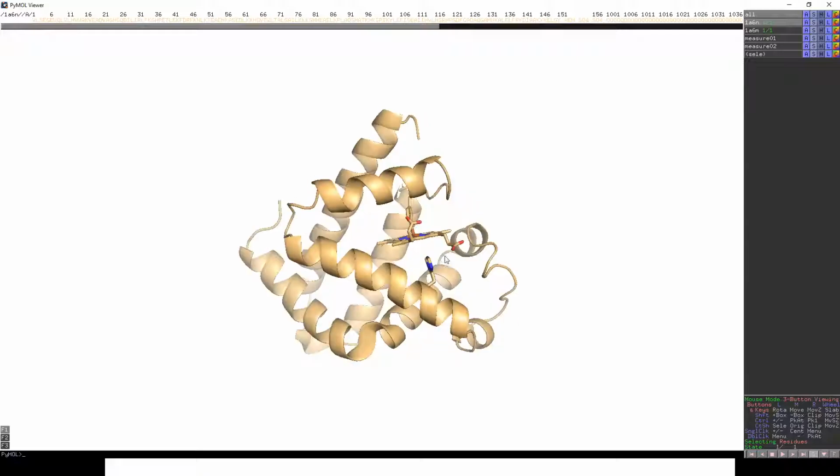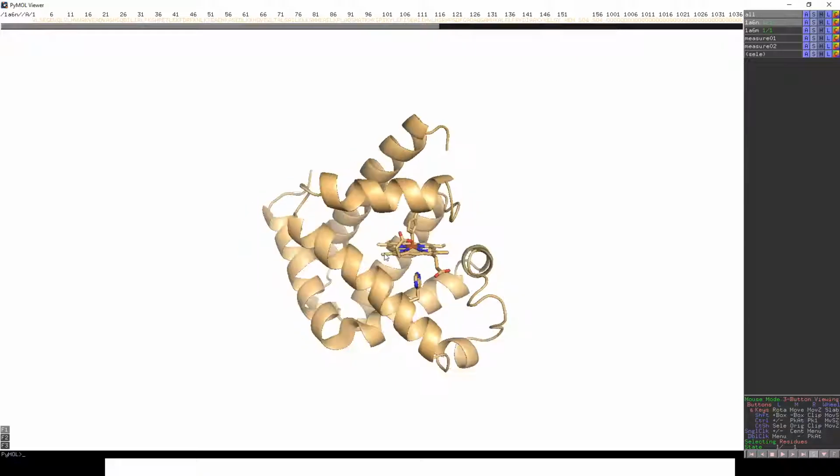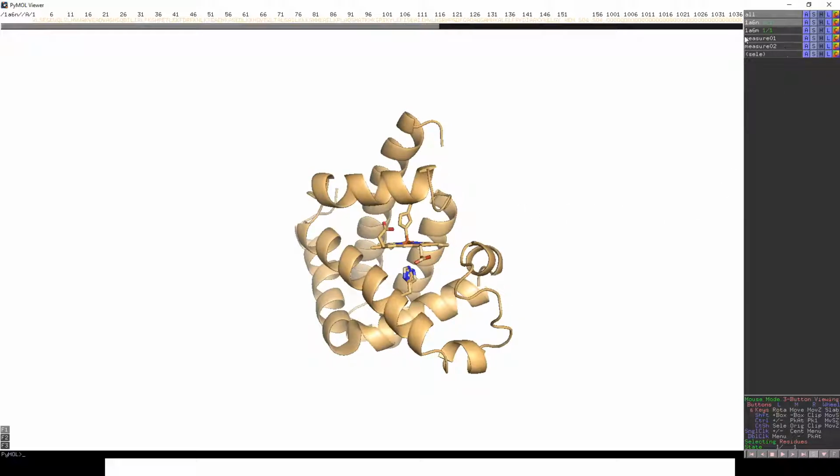So here, this is myoglobin. For those that are curious, you can go to the Protein Data Bank and search for these accession codes, 1A6N and 1A6M. You're going to find that one of these is the deoxygenated myoglobin and the other is the oxygenated, so the oxygen-free or oxygen-bound states.